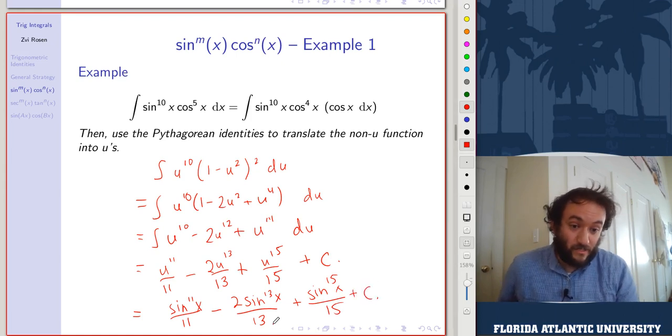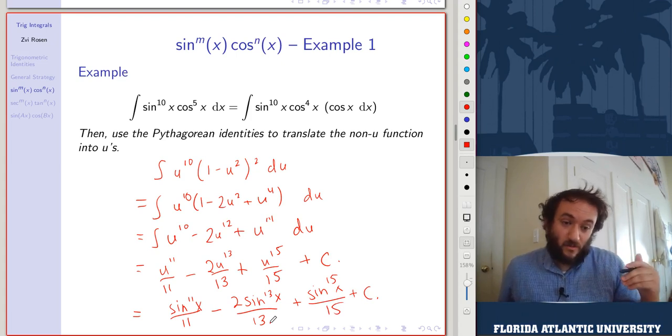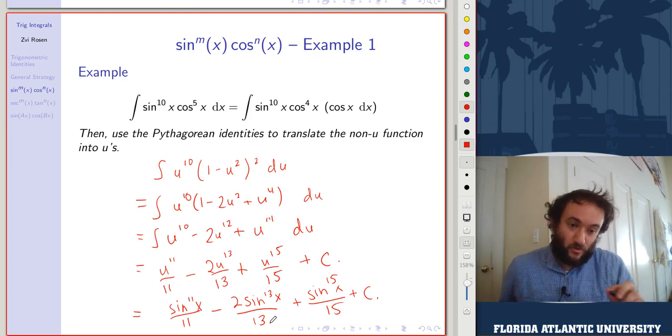And that's the solution to our integral. So again, those two key steps there are finding the right u substitution by checking which u substitution leaves an even power of the other function, and then using the Pythagorean identity to turn that other function into your u.